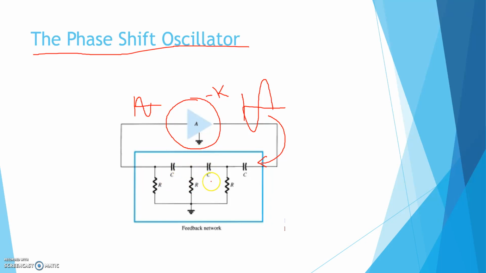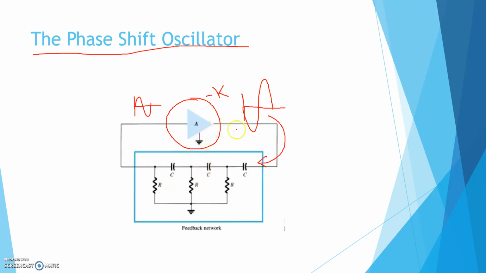A resistor may or may not be there, but a capacitor or inductor must be there to provide 180-degree phase shift, because a purely resistive network cannot provide phase shift. Clear? From here you can clearly see that the feedback network consists of resistor and capacitor.